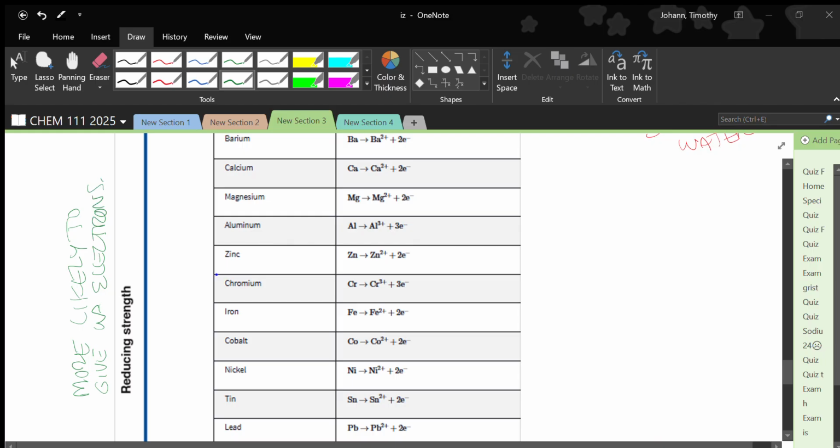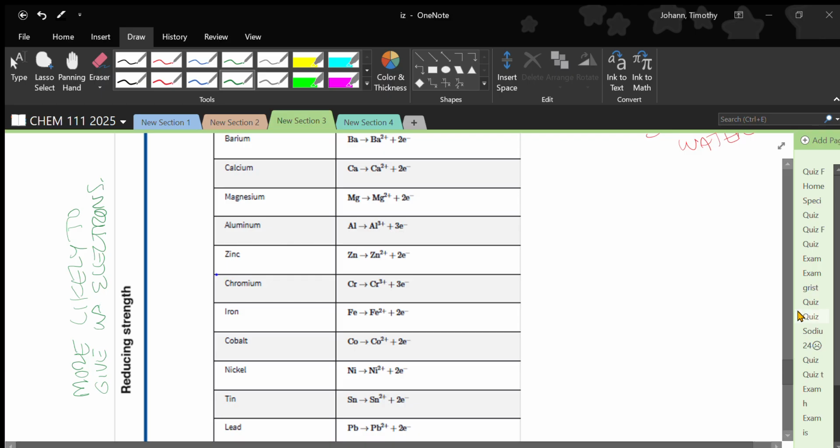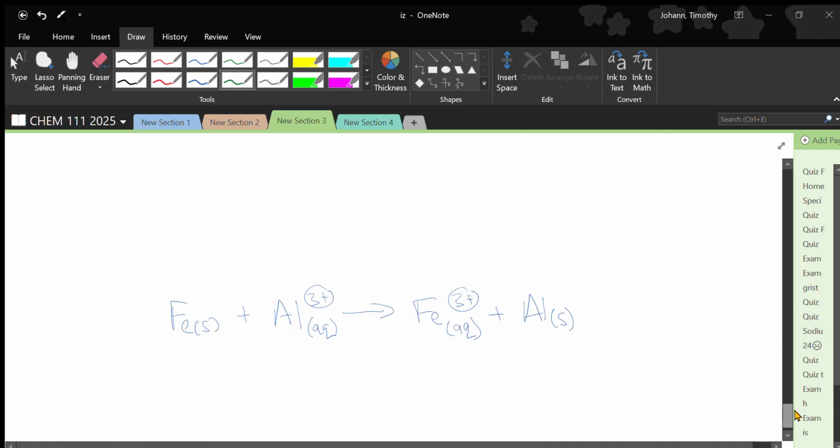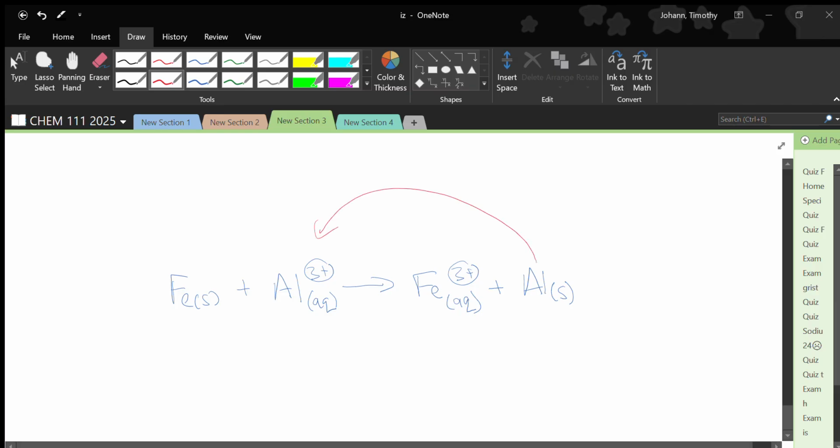All right, so what have we got on here? I've got aluminum up here and I've got iron up here. These are more likely to give up electrons. Which one is more likely to give up electrons, iron or aluminum? Aluminum. So the way we use this table, aluminum is more likely to give up electrons, which is this direction, right?